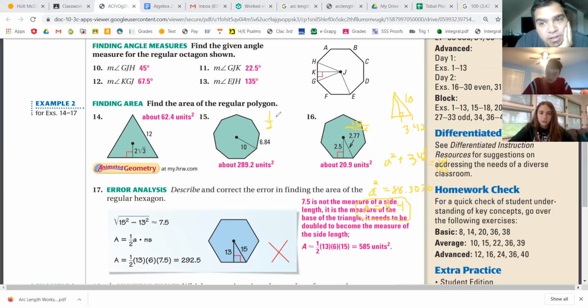So what is the side's size, I guess? 6.84. Good. Don't use 3.42, so that could be a mistake because you changed it a little bit. Times the apothem, which we just found is 9.4. Times the number of sides, which is 9, I think. Yeah, it's a niner.